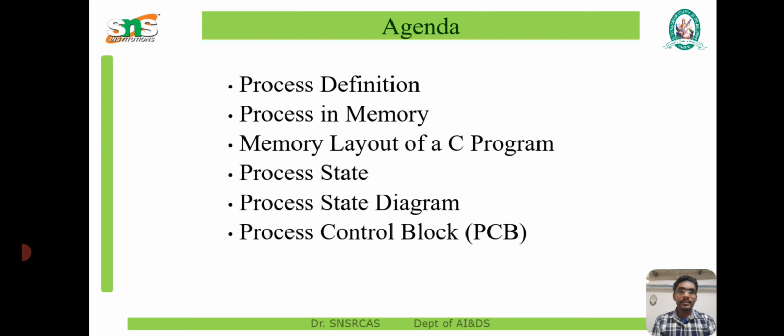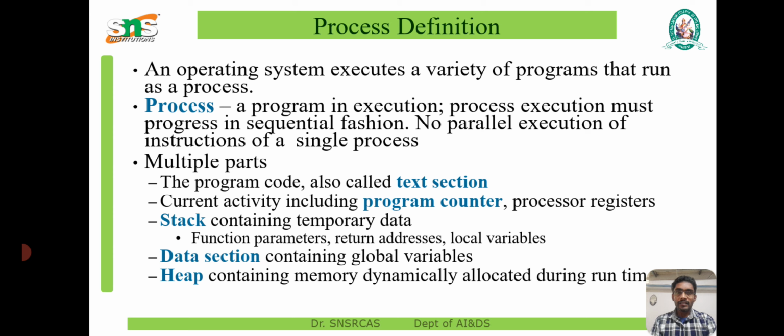While coming to the multiple parts of a process, there is a program code, which is also called the text section. The current activity of that particular program segment includes the program counter and processor registers.